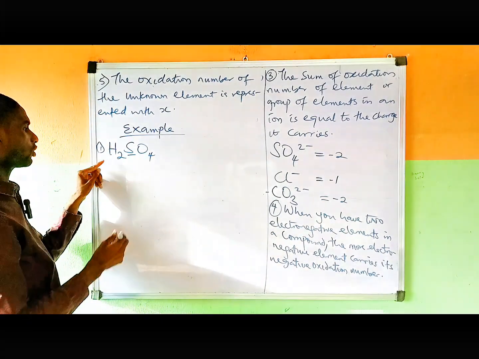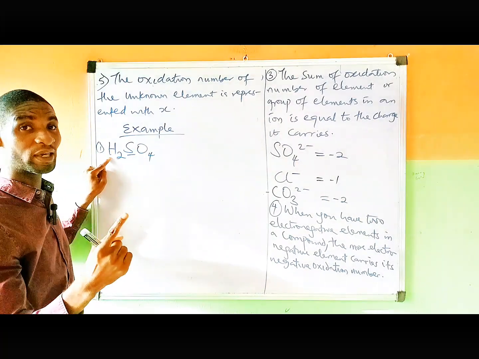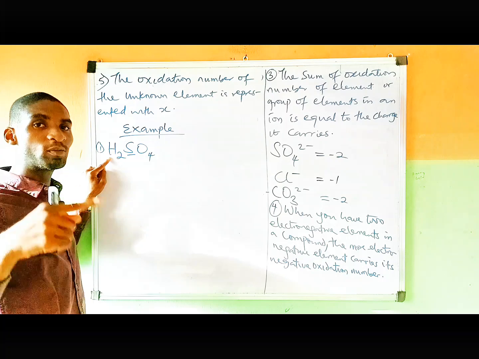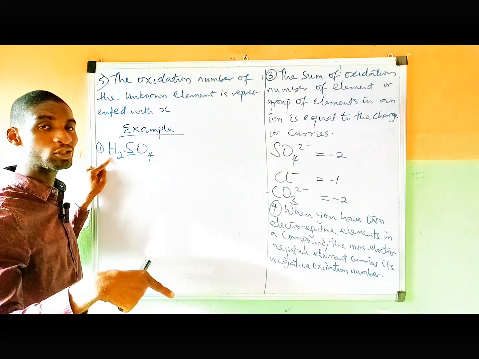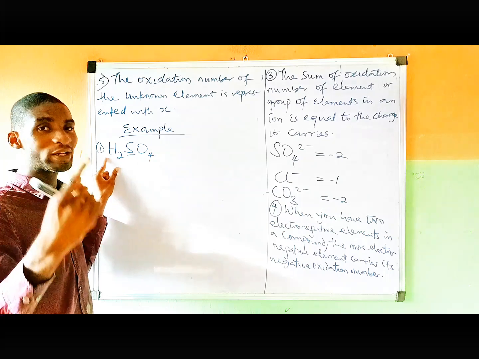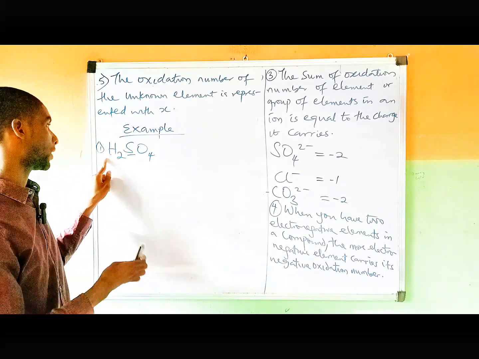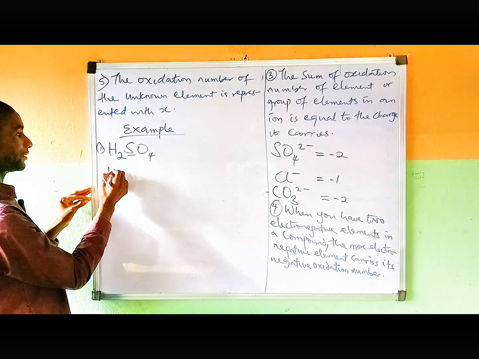So what will be the oxidation number of hydrogen? From the definition, we said the oxidation number of an element in a compound is the number of electrons it will lose or gain to attain stability. Hydrogen will give out one electron when it ionizes, so it is plus 1.